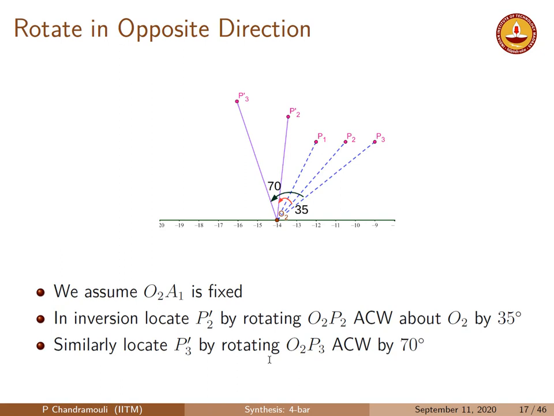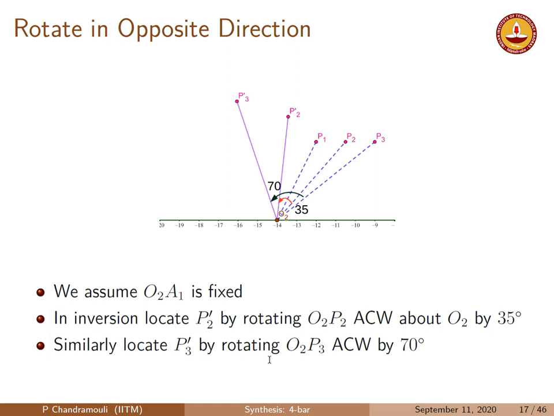We don't know the O2 A1 length, we have not chosen that, unlike the first case. All that we know is that O2 A1 and O2 A2 are at an angle of 35 degrees, and similarly the O2 A2 to O2 A3 line is at an angle of another 35 degrees. We only know that, we don't know where A1 is on that O2A line. So we are trying to find that out.